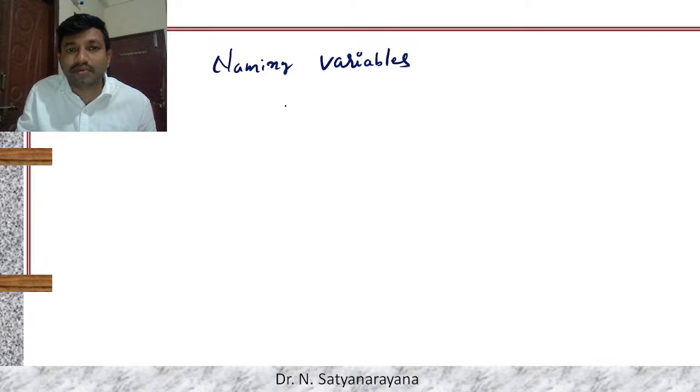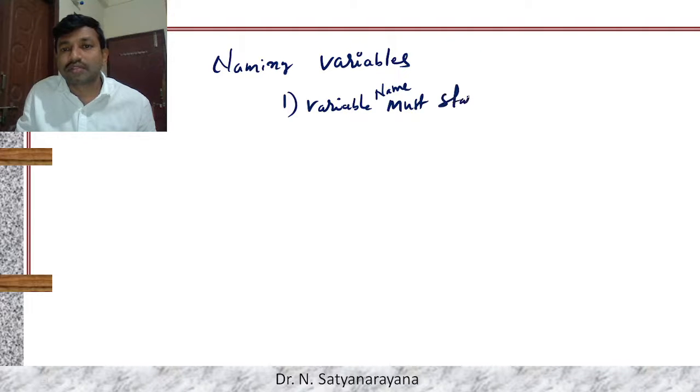There are certain rules everybody has to remember. For example, for naming an individual, such as the name of a student, we assign only alphabets as part of the name. In a similar way, when you want to name variables inside the program, there are certain rules. In C, the first and foremost thumb rule for naming a variable is that the variable name must start with an alphabet.